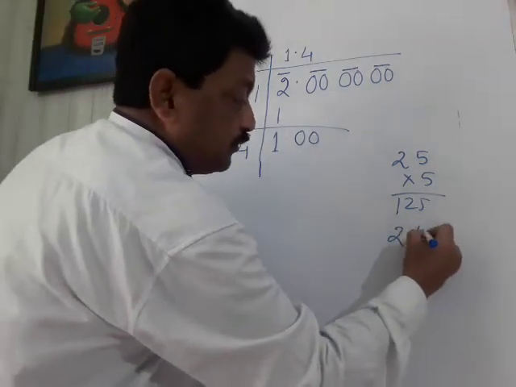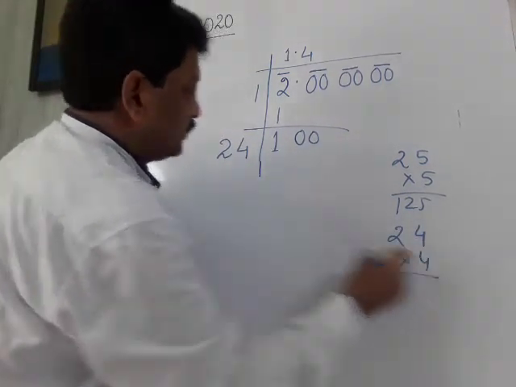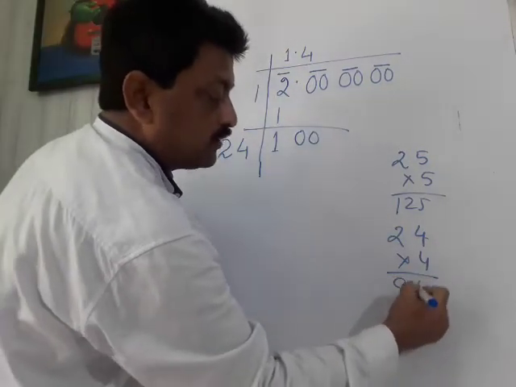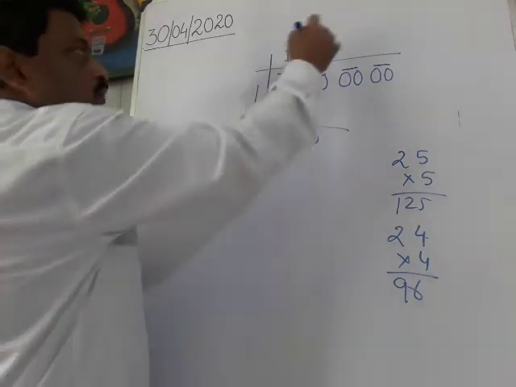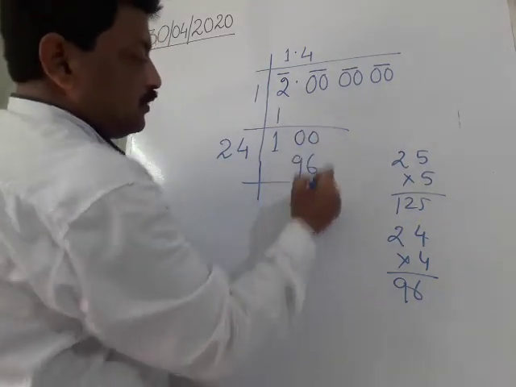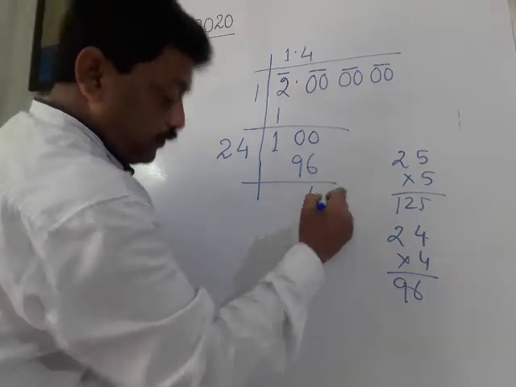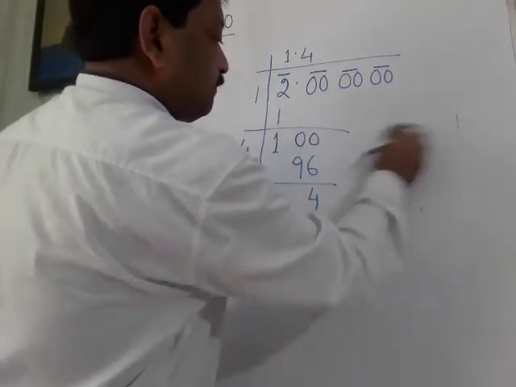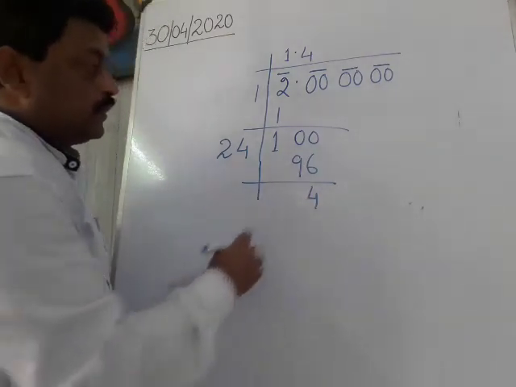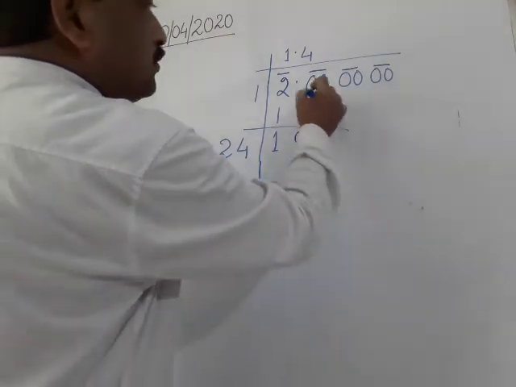So if I take 4, if I write 4 here and 4 here, so 24 into 4, that is 96. So that is okay. So 4 here, 96. Now the remainder is 4. So this group is finished.